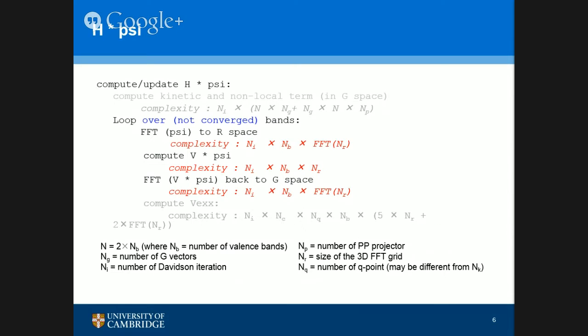Another particularity about this FFT is that we can more or less identify where it is mainly called. The issue is how many FFTs we call. By the nature of this problem, there is this H psi routine that is basically applying the Hamiltonian to the basic set of wave functions. You iterate the process, meaning that for the so-called non-converged bands, you have a set of FFTs that you can potentially do in parallel.